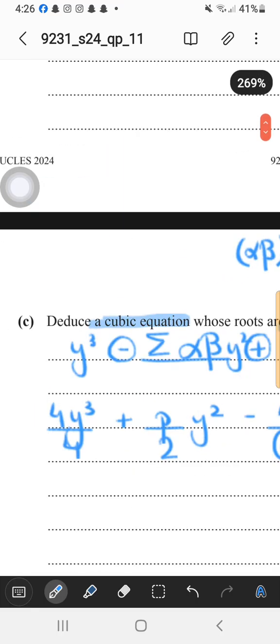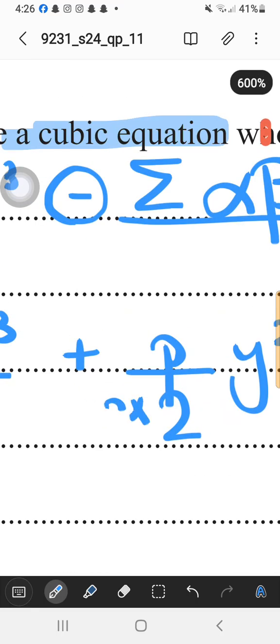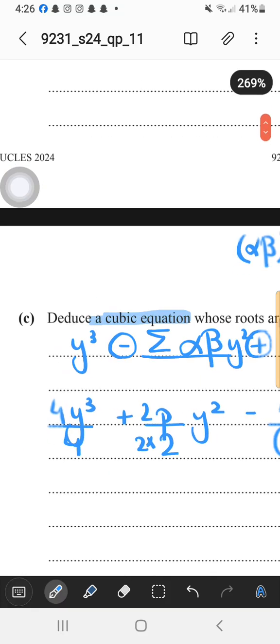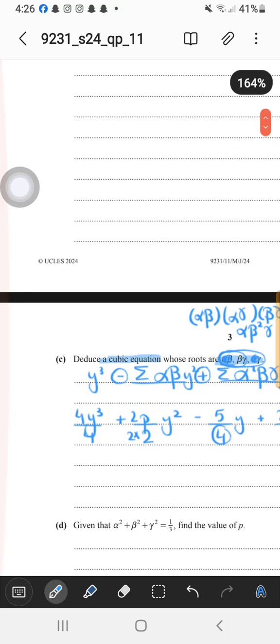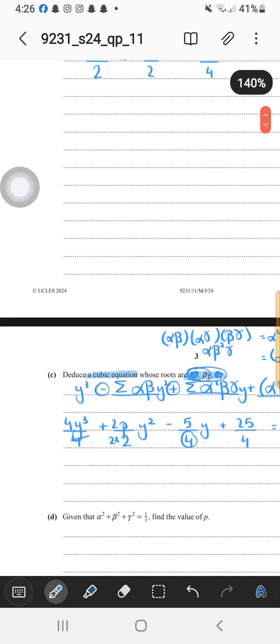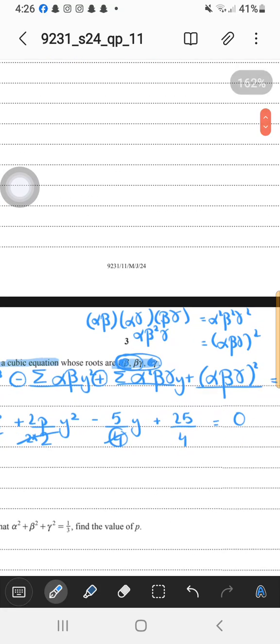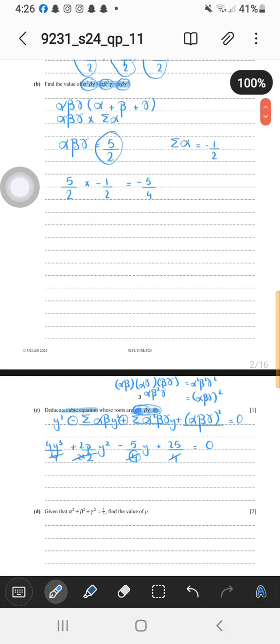Here is not a 4, so we will multiply by 2, simple LCM. Okay, so when there will be 4 in all denominators, like this 4, this 4, this 4, this 4, they all get cancelled.